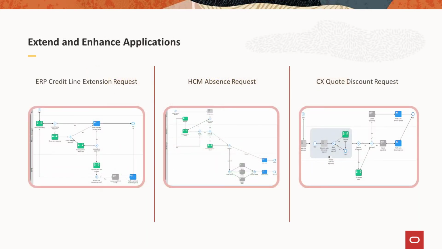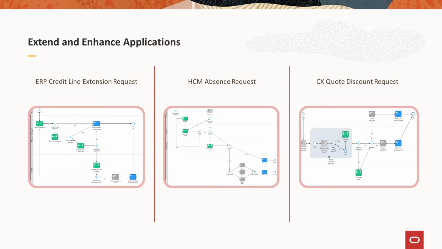Another example of where you would use process automation is extending your current applications. Be it customer experience, HCM, ERP, whatever those applications are, you would be able to build extensions to those applications, which allow you to automate certain business practices that are driven from them.